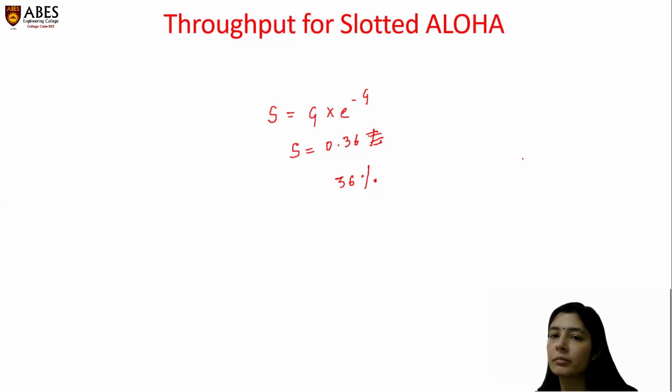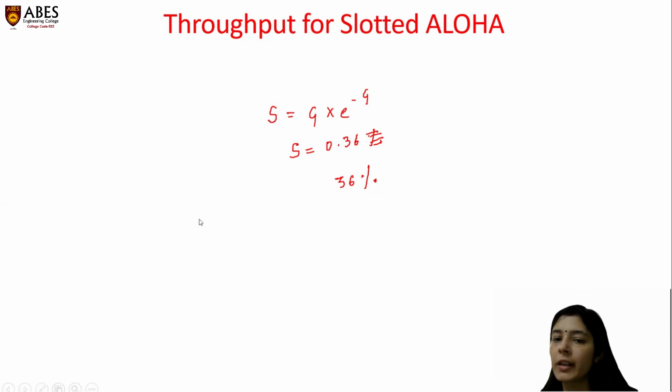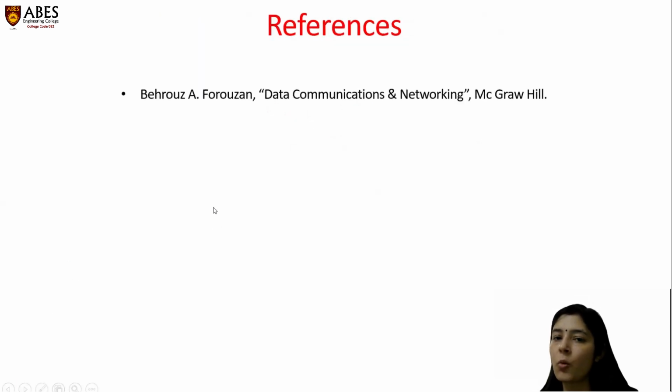In case of slotted Aloha, efficiency is maximum when G is 1. G is actually 1, sorry, 1. So, efficiency is maximum when G is 1.